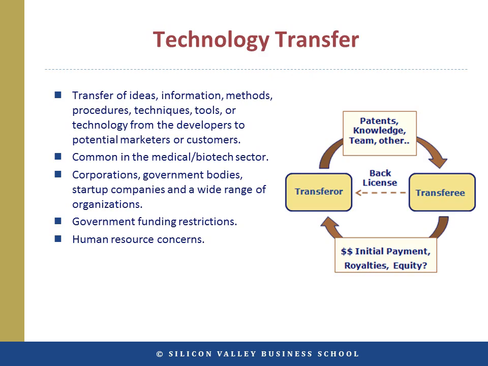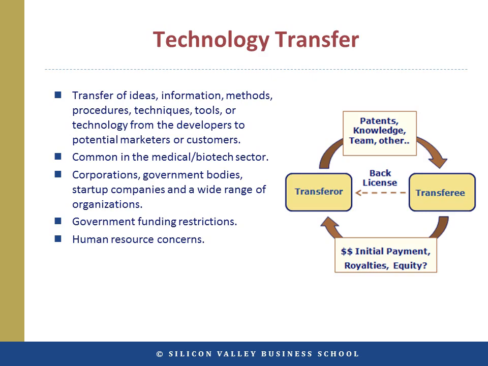Corporations, government bodies, startup companies, and a wide range of organizations are involved in technology transfers. These transactions are most commonly associated with the Offices of Technology Licensing, OTLs, or Strategic Licensing Groups, SLGs, found within research laboratories, universities, and some high-tech corporations.